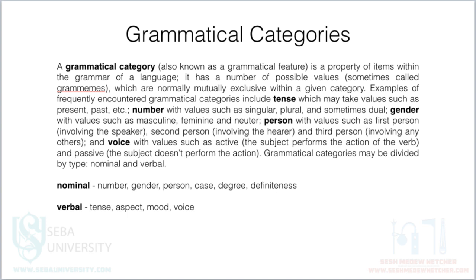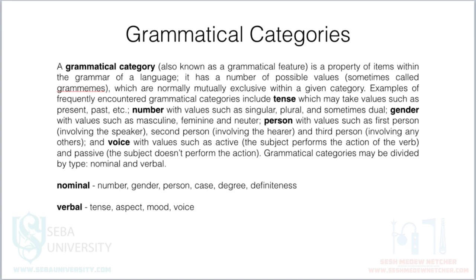Examples of frequently encountered grammatical categories include tense, which may take values such as past, present, etc. Another grammatical category is number, with values such as singular, plural, and sometimes dual.